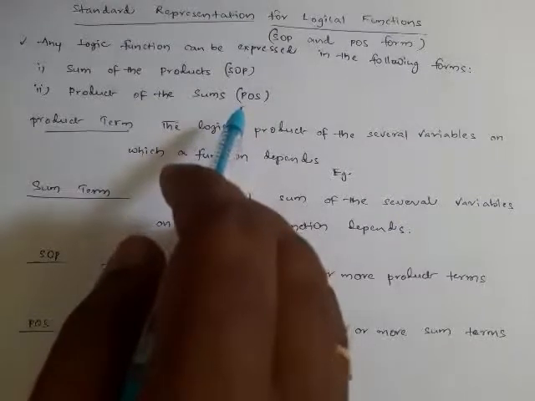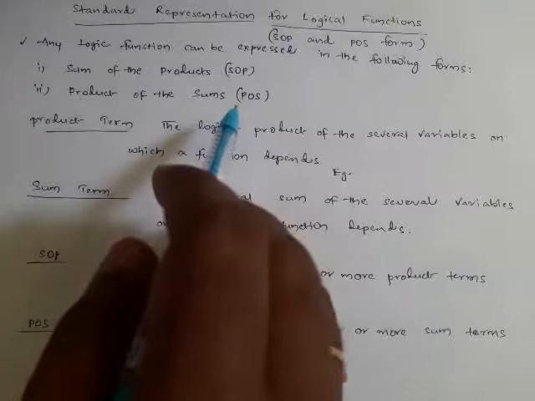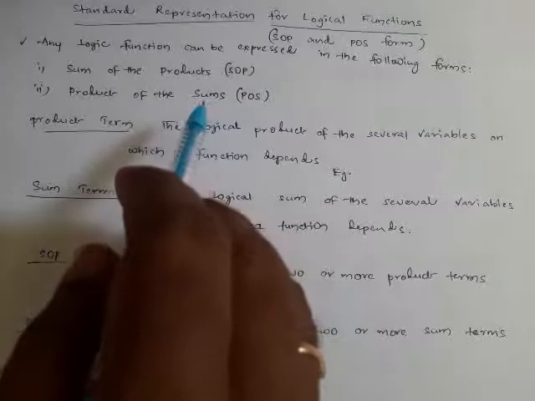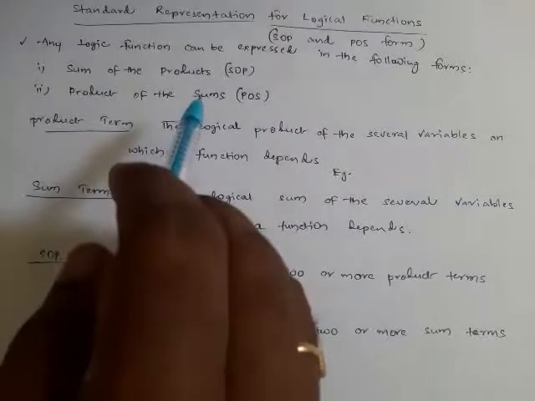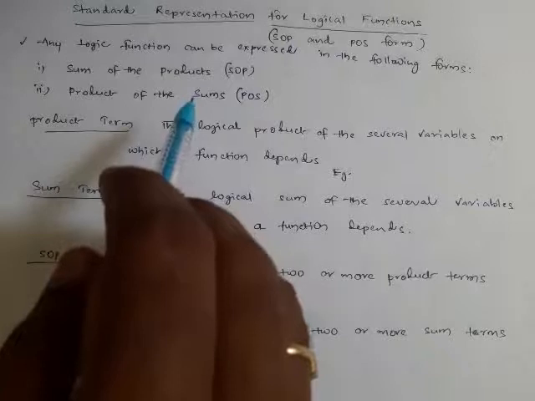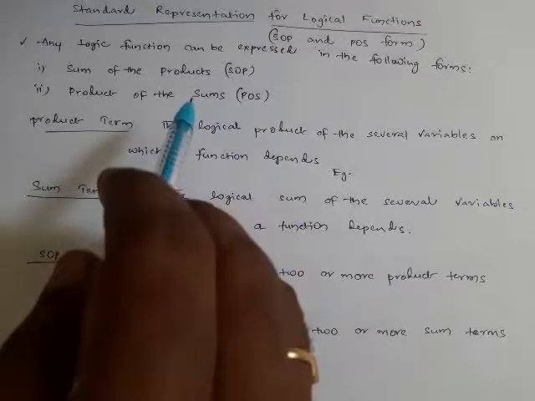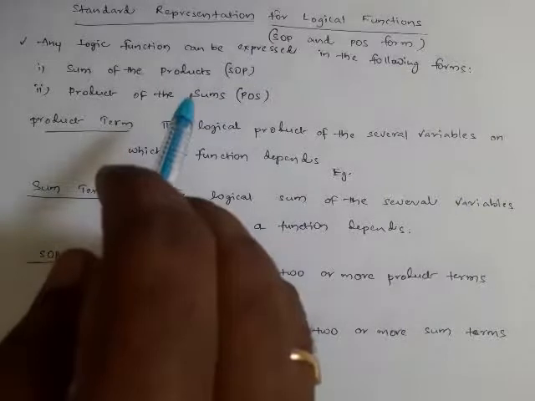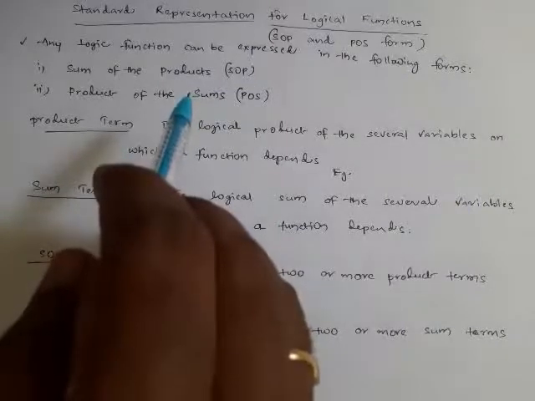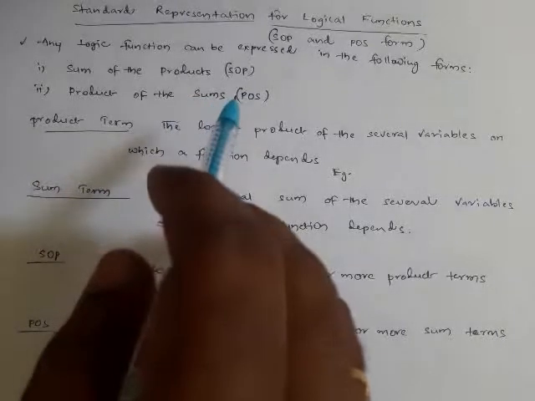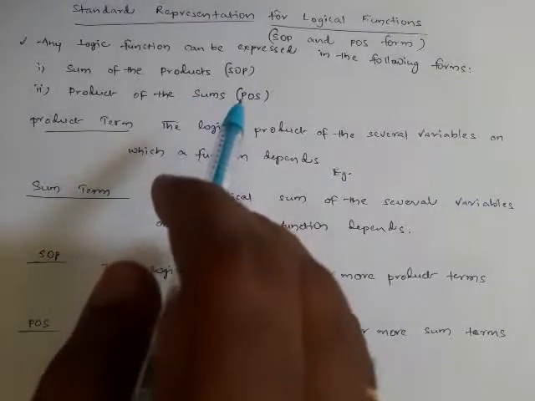So before going to see how to represent the logic functions in these forms, we'll look at what is meant by product of the boolean variables and what is meant by sum term in the boolean algebra. Then we'll look at which representation is called SOP representation and which type of representation is called POS representation for boolean functions.